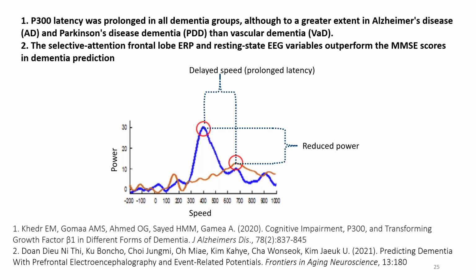That P300B is closer to 700, maybe 675, and the amplitude is substantially less, from 30 down to 10. So you have a reduced power, amplitude, and delayed latency or speed. Both measures show abnormality. And that's the sort of thing you'd be looking for in your reports when you're looking at the P300, P300A and B.